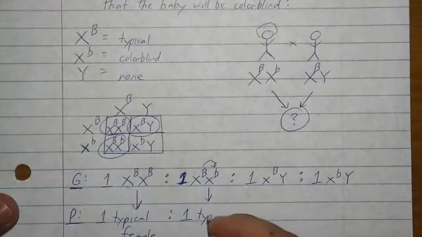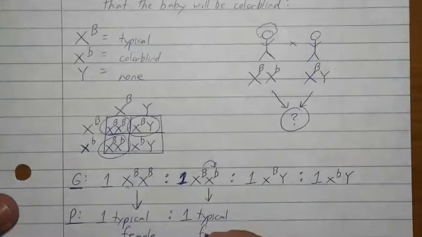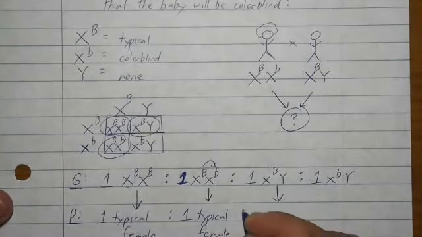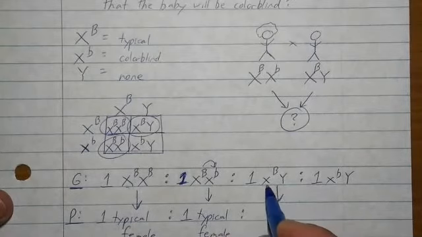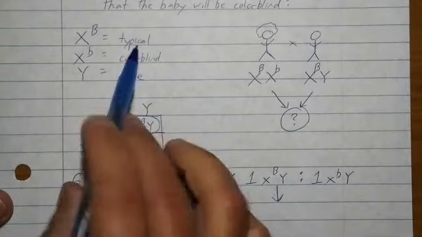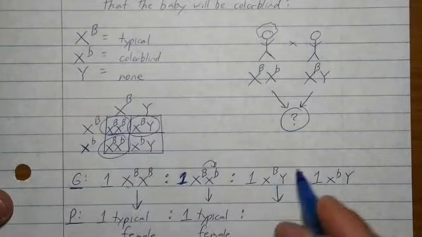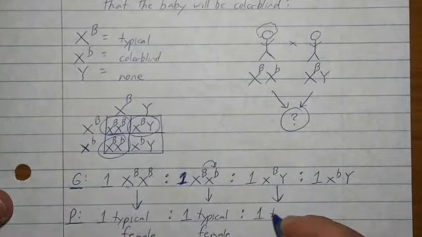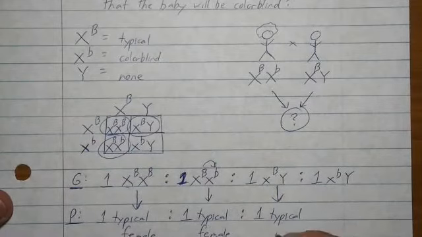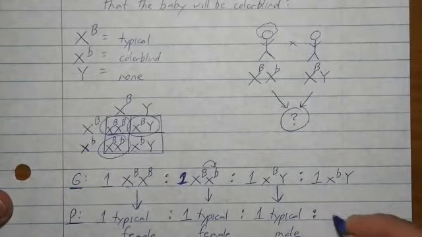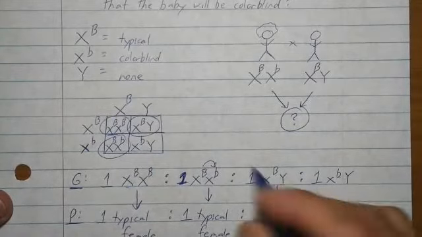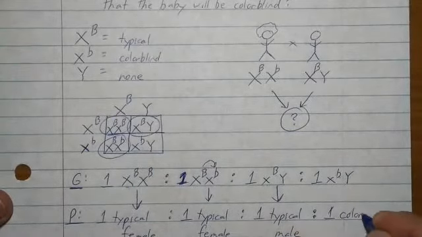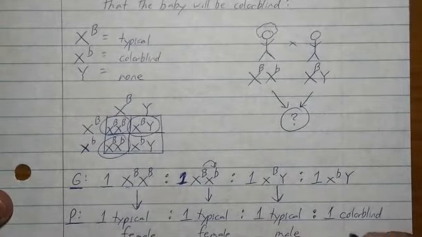So 1 typical female. All right. This is a capital. Capital is typical and nothing on the Y, so that's the only thing that wins. So this is also typical, but now it's a male because it's XY. And I have 1 lowercase, so 1 colorblind male.